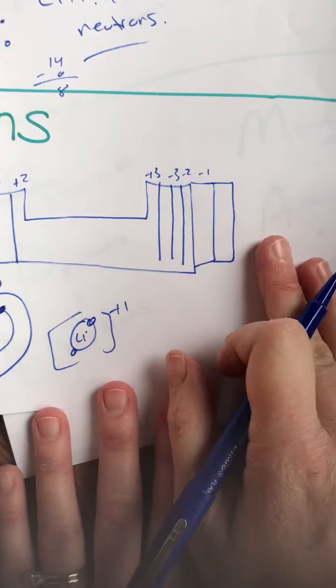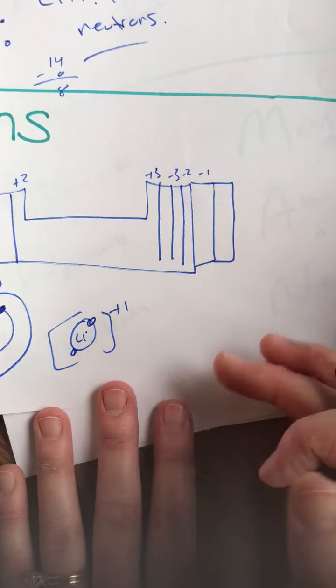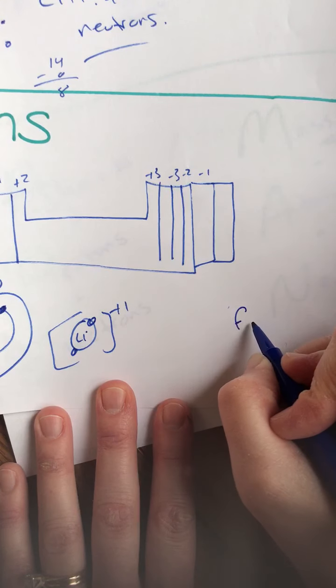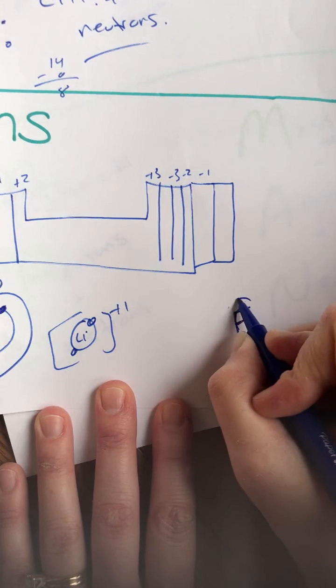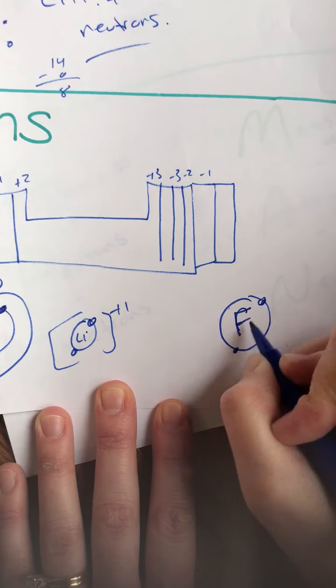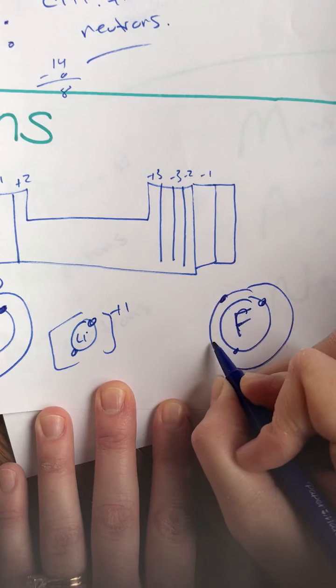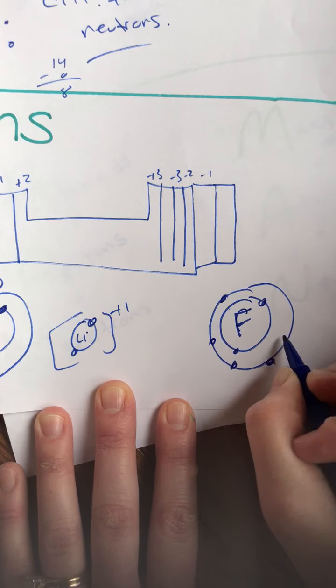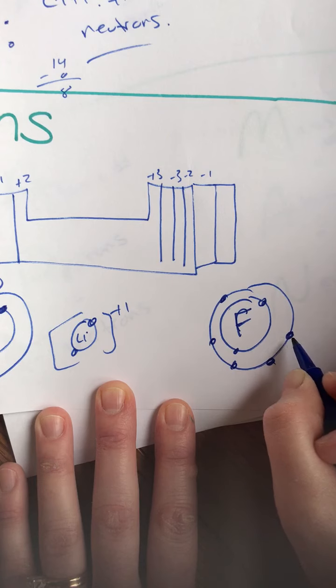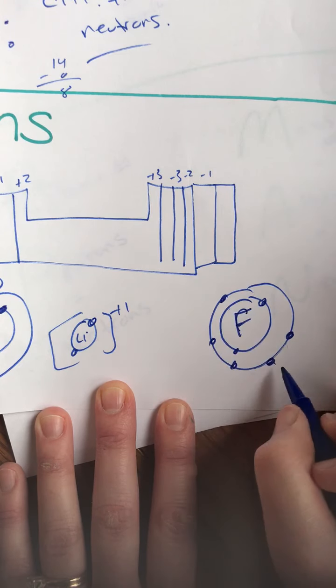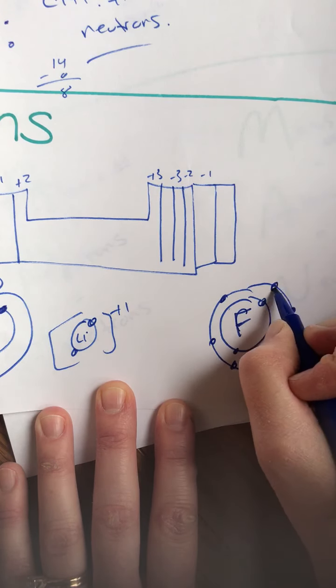Okay. Or if we had given that one to fluorine, because fluorine has 9 electrons, has 7 valence, 2, 3, 4, 5, 6, 7 valence.